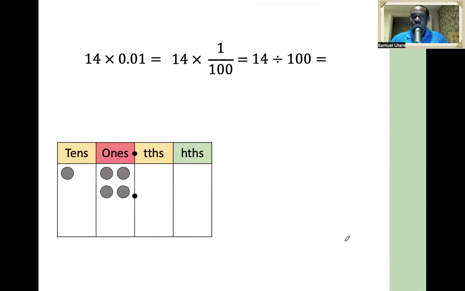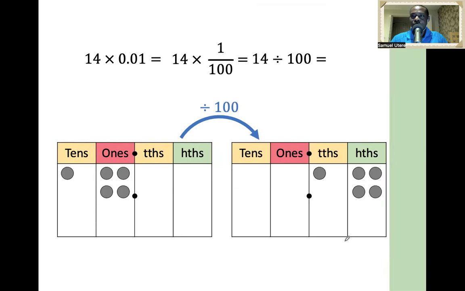Now, if you think about it in your place value chart, this is what happens. When we divide by 100, we lose 2 places in our place value chart. So the tens moves 2 places from here to here. So that's why it's in the tens column. And this loses 2 places in the place value to here.